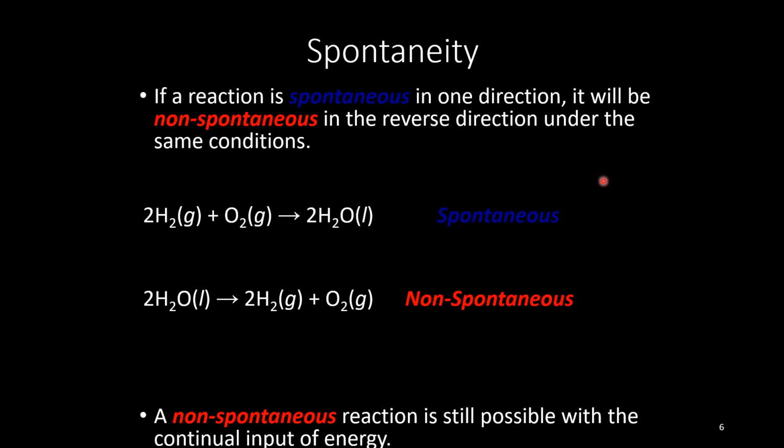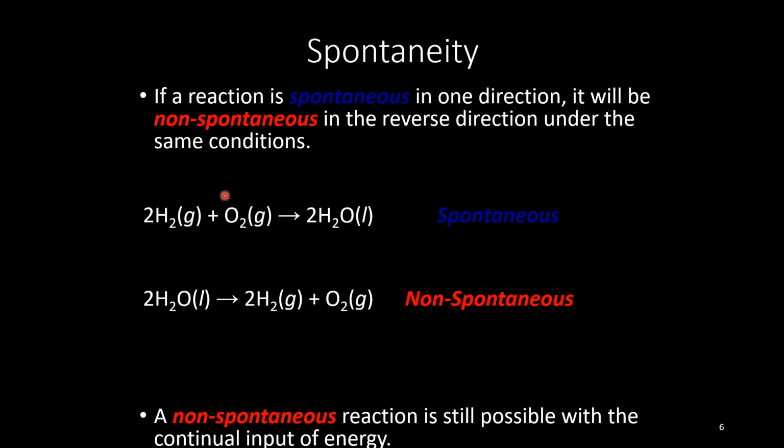Okay, in this slide and the next one I'm just clarifying some terminology. Spontaneous means it's just going to happen. Sometimes that may need an activation energy, and that's a different issue. But once you get it started, the reaction is just going to run in that direction. But remember that most reactions are reversible. So look at this. We've got hydrogen gas and oxygen gas here.